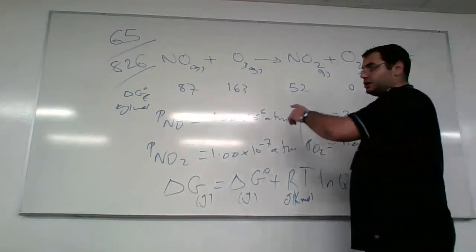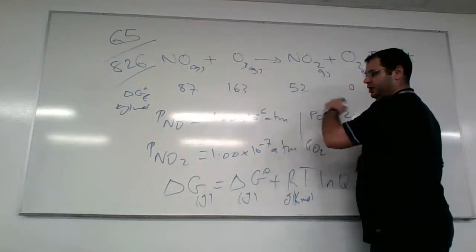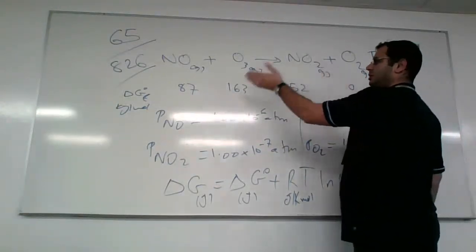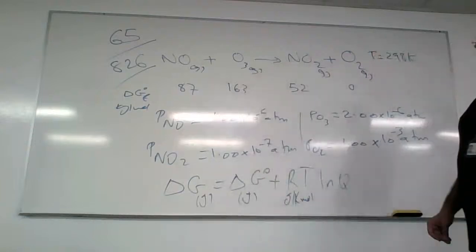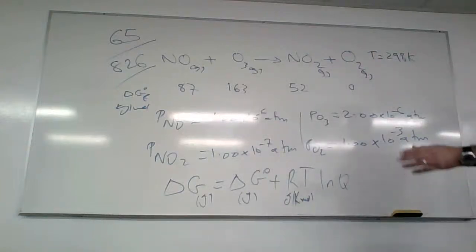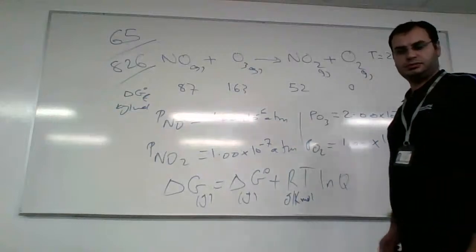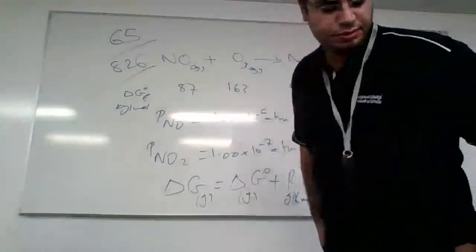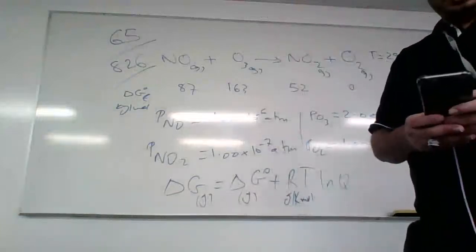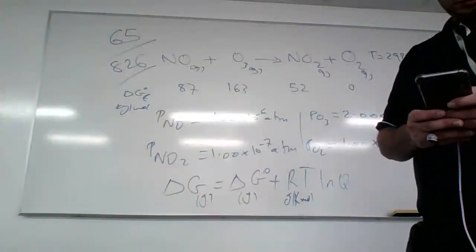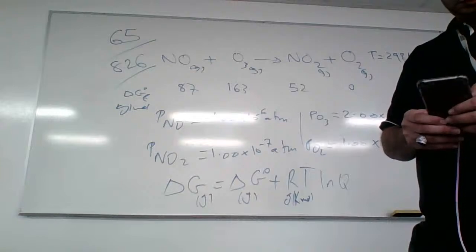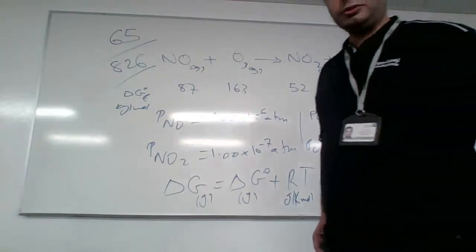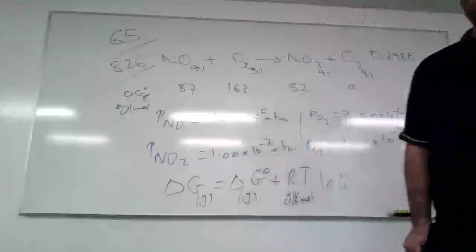What I need you to do first is to calculate delta G naught for the reaction. So it's delta G formation, products minus reactants. And then plug it in and calculate delta G. Yes, it's going to be minus 198 kilojoules.